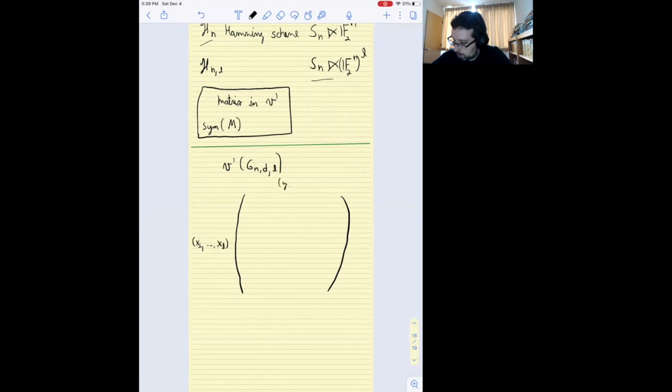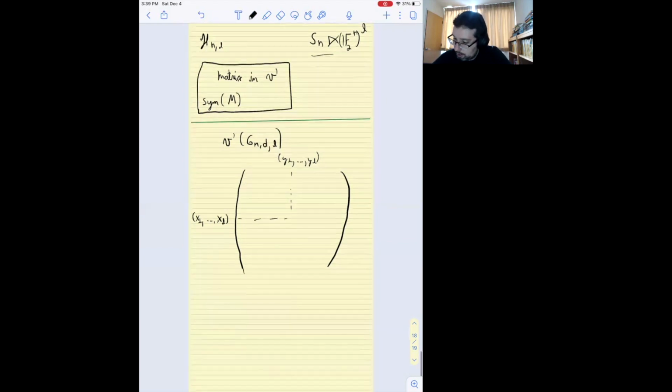It's indexed by tuples of words. And then here you're going to have some entry that corresponds to the difference, as if we can see information related to the difference of the two.